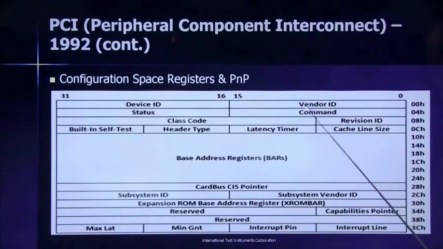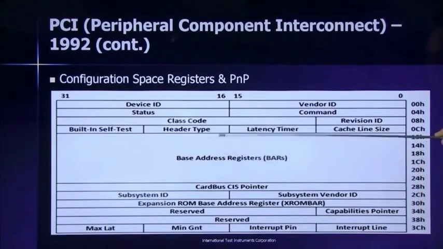The most important registers are the vendor ID register, the device ID, and the base address registers, also called BARs. The vendor and device ID registers are used for plug-and-play purposes. The operating system goes and reads these 2 registers on all devices to learn the manufacturer and what type of device it is, and based on that information it would match that with a device driver that will configure the card.